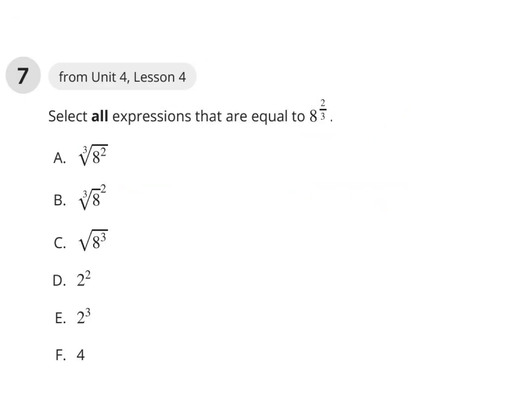Okay, select all expressions that are equal to 8 to the 2/3. So remember, the numerator is your exponent. The denominator is your index. We can write the cube root of 8 squared, which is the cube root of 64, which is 4. So anything that gives us 4.